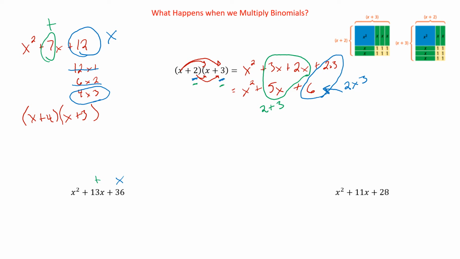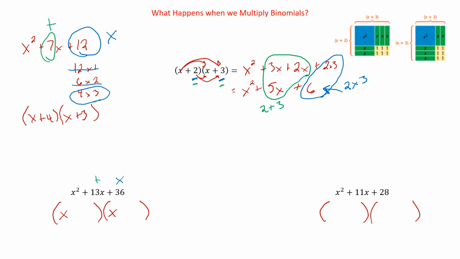And try this one, x squared plus 11x plus 28. Factor that. Remember, the answer is going to be x plus something times x plus something, because x times x will equal x squared. So go ahead and pause me really quick and see if you can factor these.